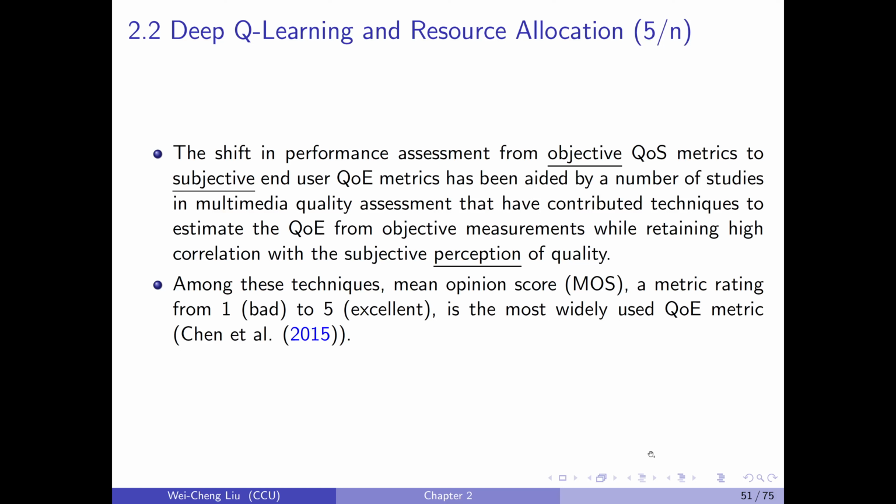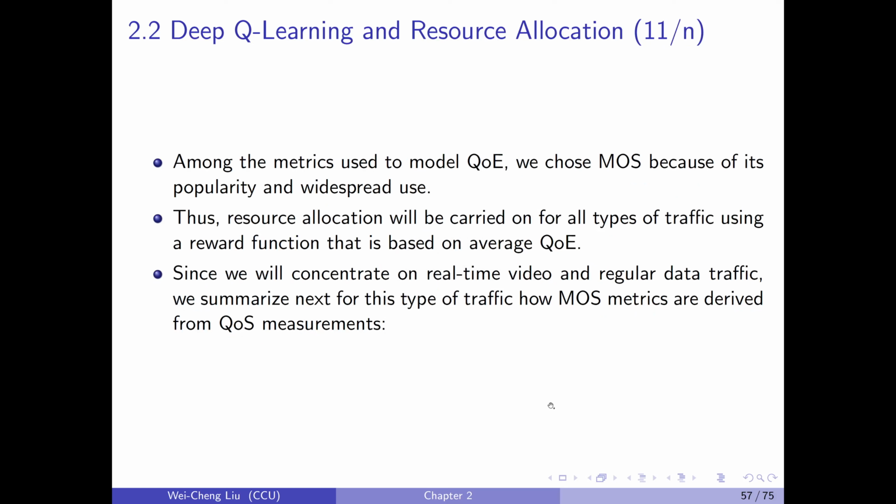Let us go back to page 57. Among the metrics used to model QoE, we chose MOS because of its popularity and widespread use. Thus, resource allocation will be carried out for all types of traffic using a reward function that is based on average QoE.